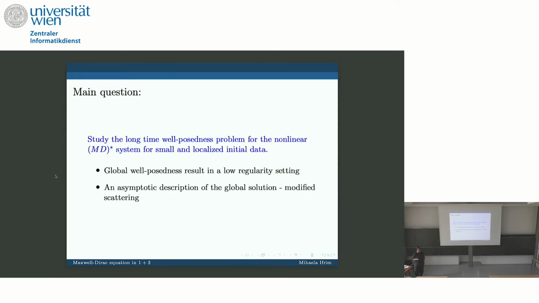Usually you get modified scattering for quasi-linear problems. Second, the analysis, the way we do it, shows you that you can do it. It was not proved before. There was a result, I'm going to get to it, that proved some decay bounds, but there was no asymptotic description whatsoever.